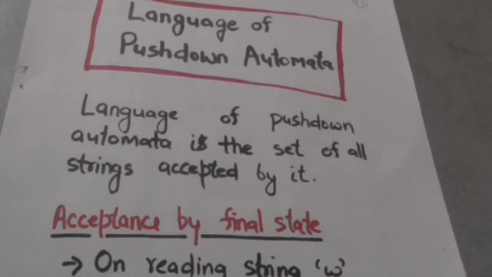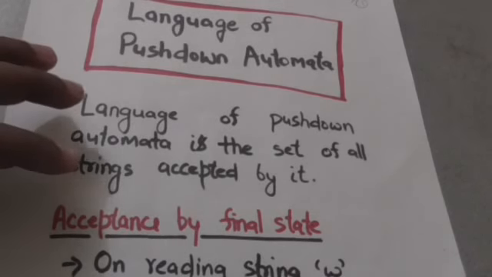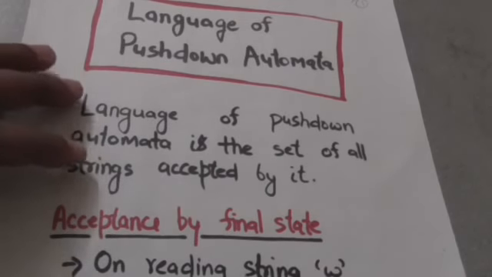Language of Pushdown Automata is the set of all strings accepted by Pushdown Automata. A Pushdown Automata can accept a string in two ways, either by final state or by empty stack. First of all, we will discuss the acceptance by final state.